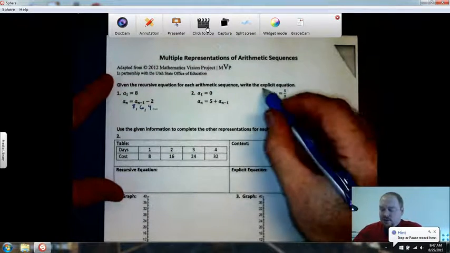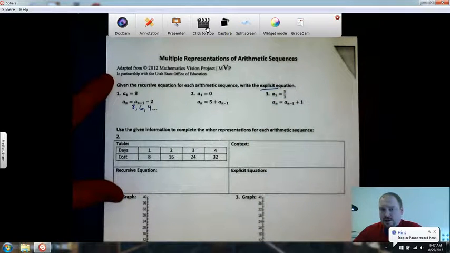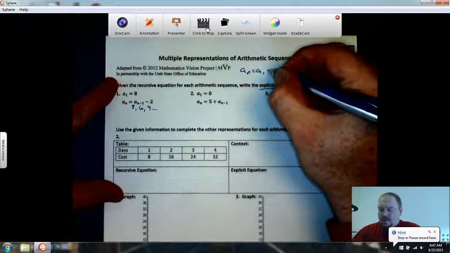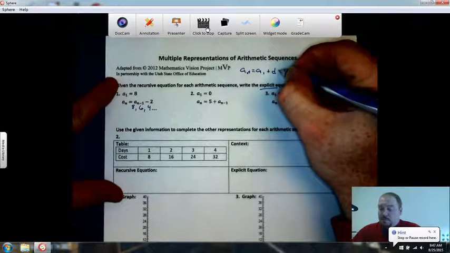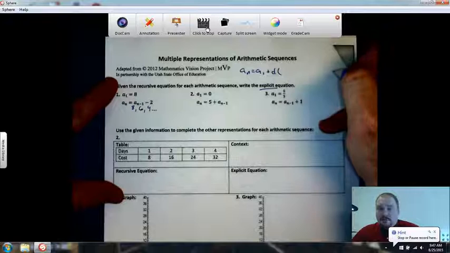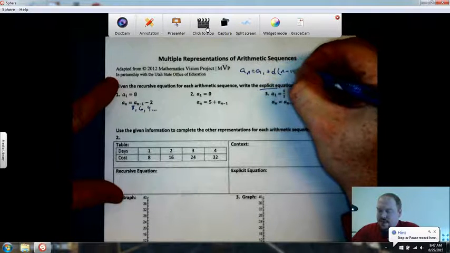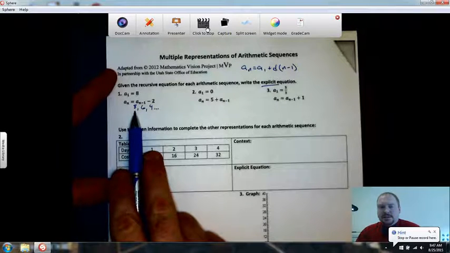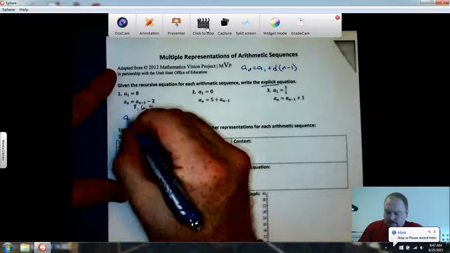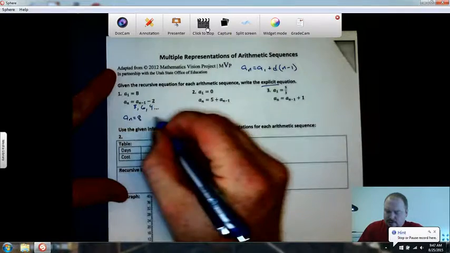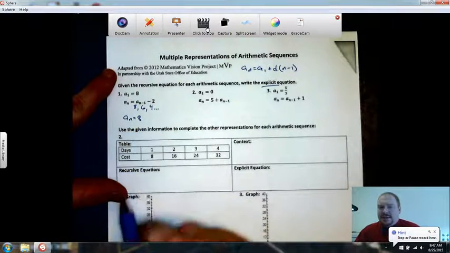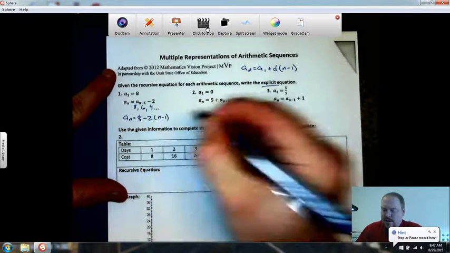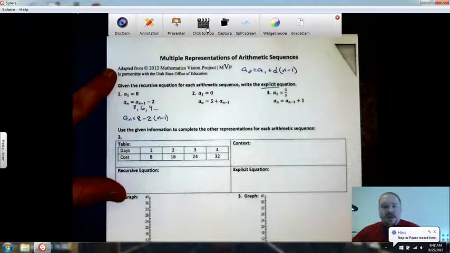They want us to write the explicit equation, which, remember, is a sub n equals a sub 1, which is the first number you start with, plus d, which is how it changes, times n minus 1. So in this case, my list, I start with 8, and this is going down by 2 each time. So I'm going to subtract 2, n minus 1. And there's my explicit equation.